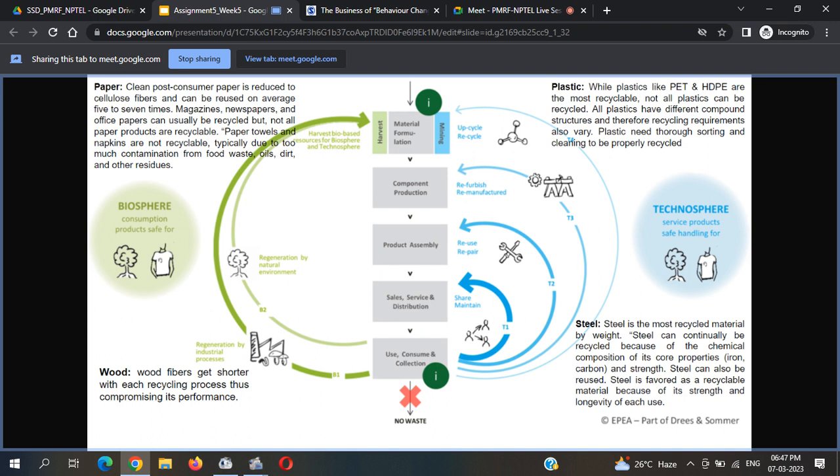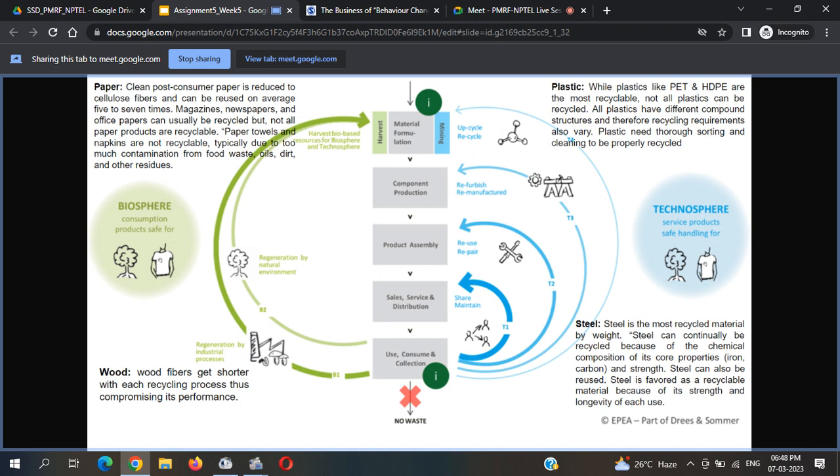before being recycled. Thorough sorting and cleaning needs to be done for plastic materials also, if we want to properly recycle them. Similar to paper, if they have a lot of foreign material, or if they are not clean, the recycling is not very easy or not successful.